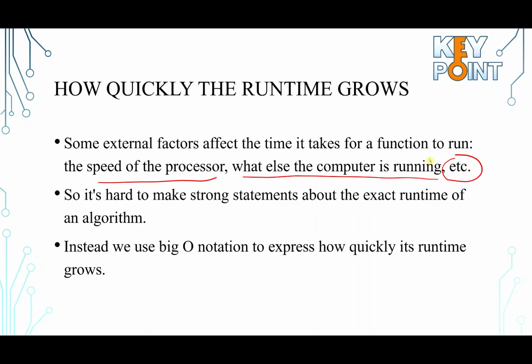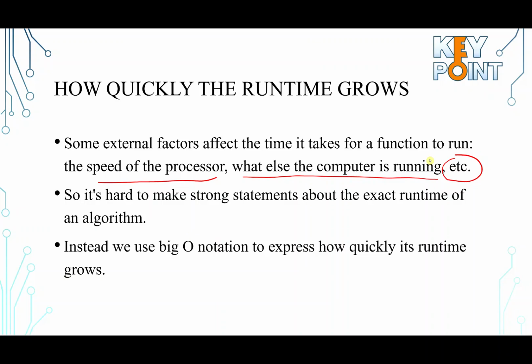Actually, when I run my algorithms on the same machine, depending on what's running on that machine at different times, that would give me different runtimes. For example, the same exact algorithm with the same exact input would sometimes take 2 seconds, and sometimes if I'm running Photoshop, it would take, for example, 6 seconds.